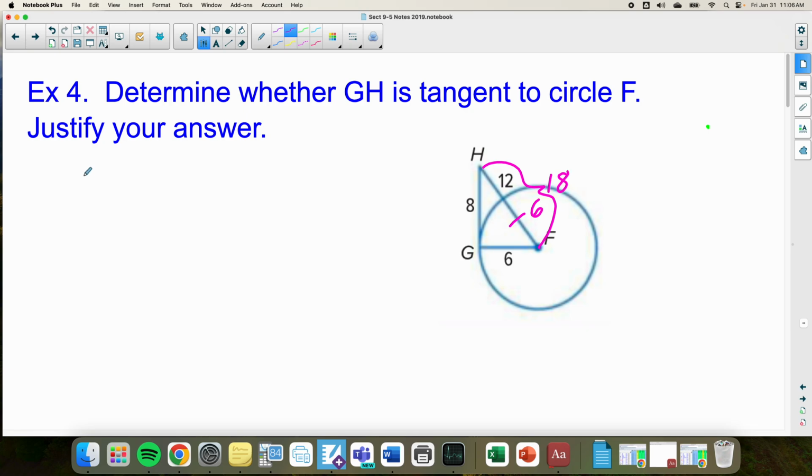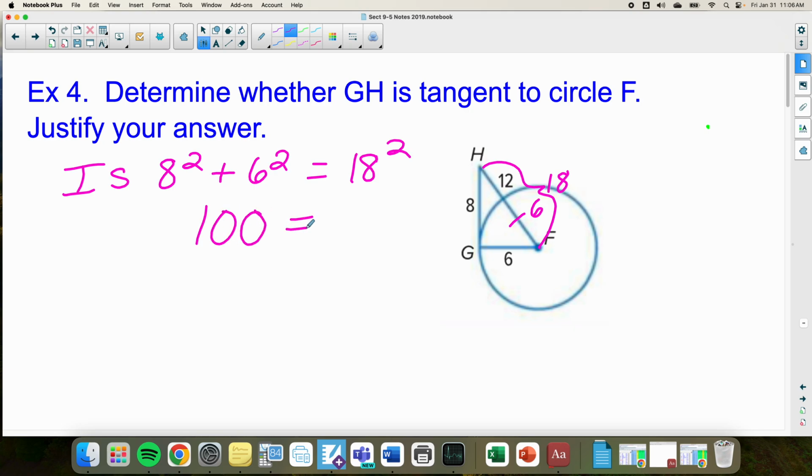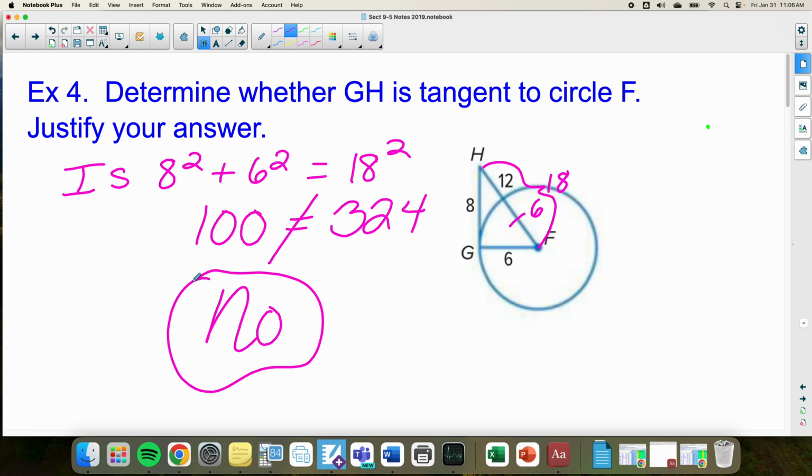So we're gonna check, is 8 squared plus 6 squared equal to 18 squared? If you just write that and then put yes or no, I'm fine with that, okay? So 8 squared plus 6 squared is 100. 18 squared, did anyone put that? I think it's 324, is that right? Yeah. 324, and that is not the same, so then we just say no. Okay?